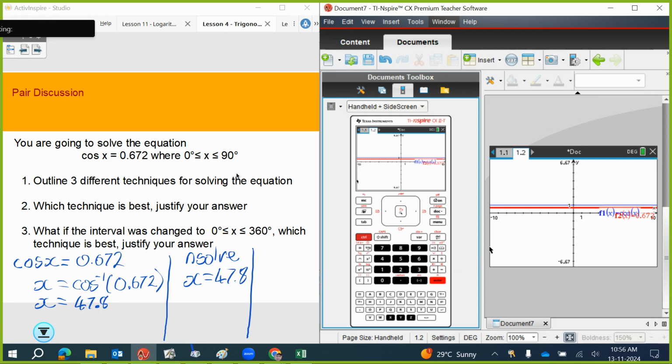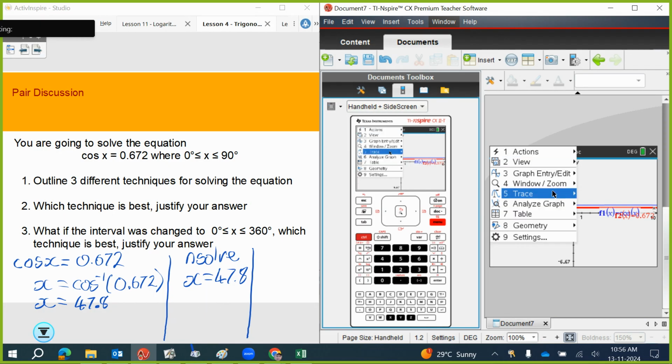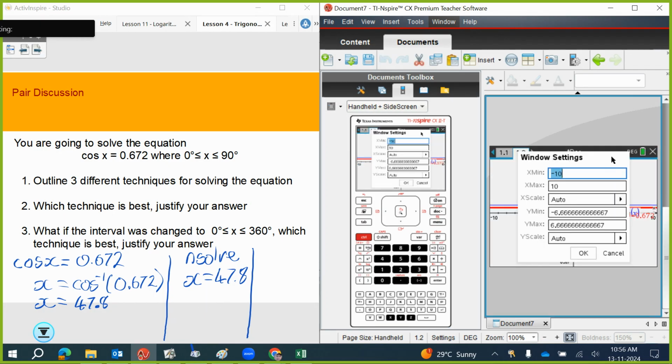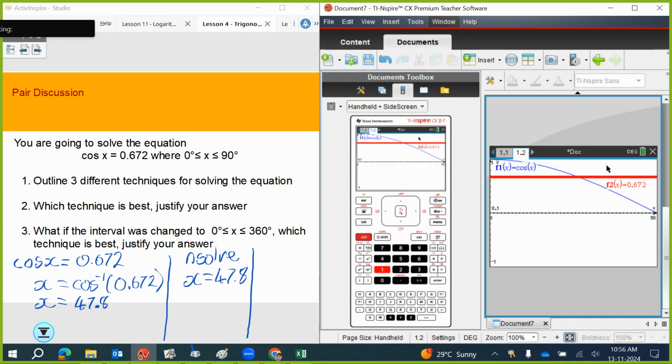Then we need to adjust the window settings to go from 0 to 90. So Menu, Window Settings, and I'm going to go from 0 to 90. I can make this a little bit smaller. And then we get two graphs like that. Where is the solution to the equation?